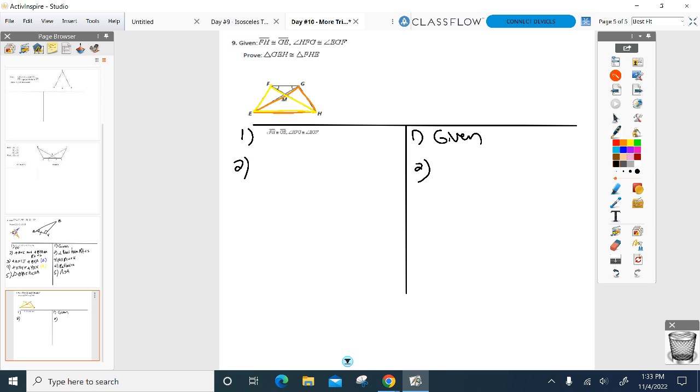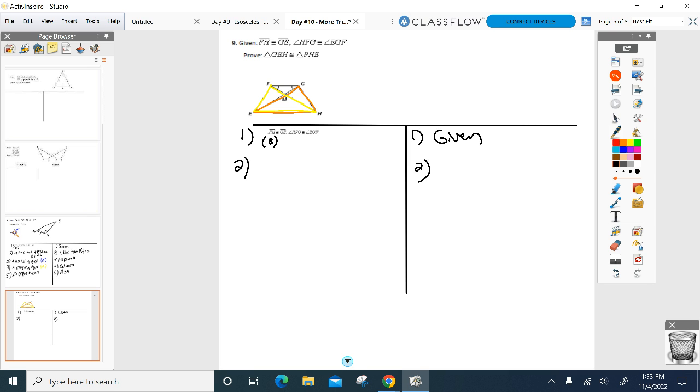First thing we're going to ask, let's look at the givens like usual. FH and GE, look at those sides or segments. Are FH and GE two sides in the triangles we're proving congruent? Yes, they are. That means I get an S.